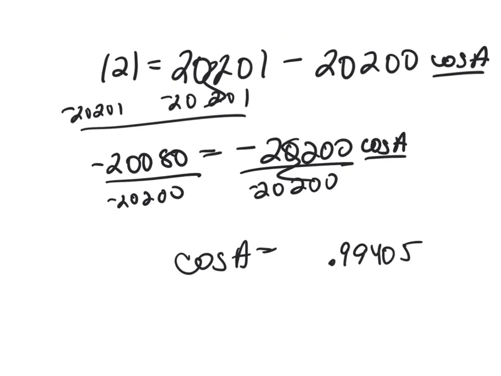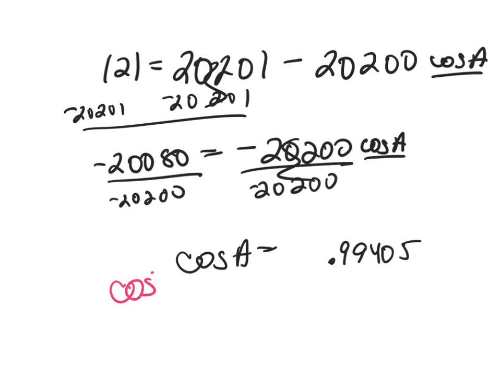0.99405. I don't want the cosine, guys. I want the angle measure, so I have to arc cosine both sides. So angle A is, second cosine, second answer, 6.25 degrees.